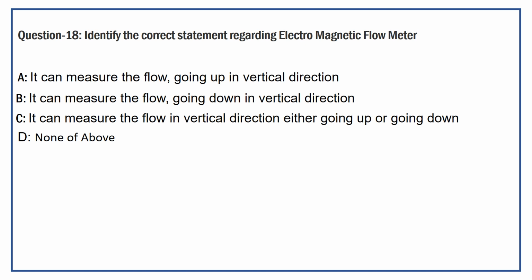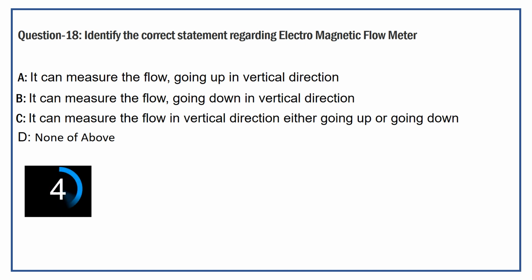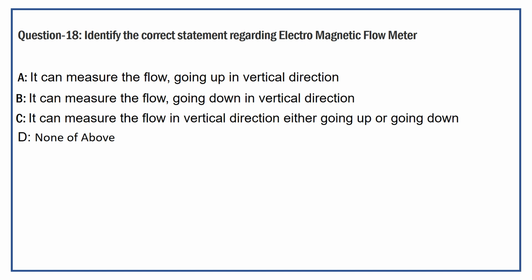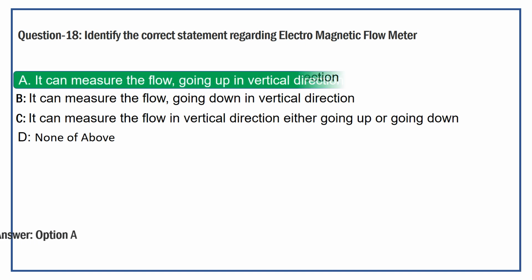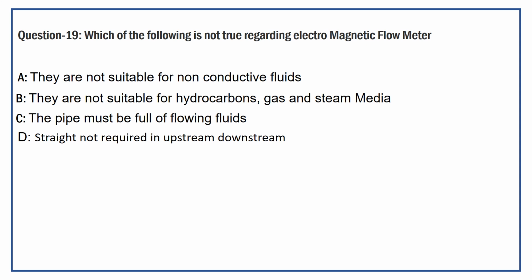Option C, it can measure the flow in vertical direction either going up or going down. Or option D, none of above. So the correct answer of this question is option A, it can measure the flow going up in the vertical direction.